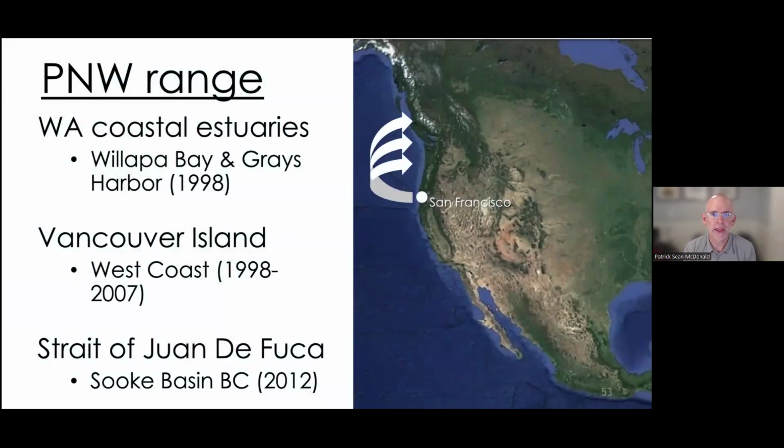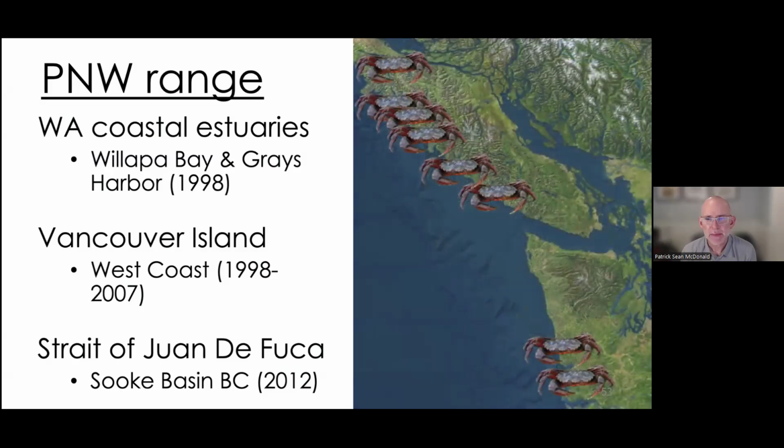So they were originally established in San Francisco Bay sometime in the late 80s, and they resided there for quite some time before they spread up the coast, distributed largely by periods of El Nino conditions.